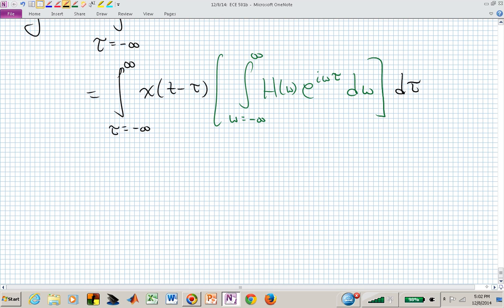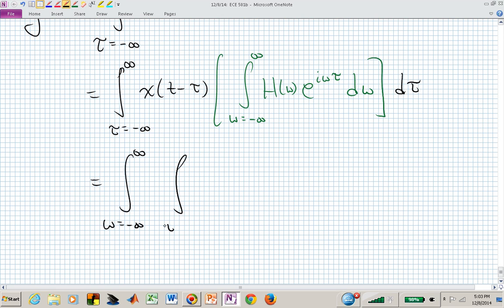And now we're not going to get too hung up on moving things in and out of integral operations. Let's now just exchange the integrals. So let's slide everything inside the frequency integral, so that we now have this integral from omega equal minus infinity to infinity.